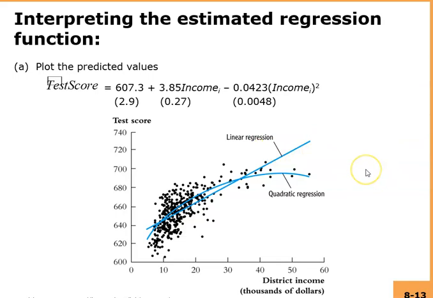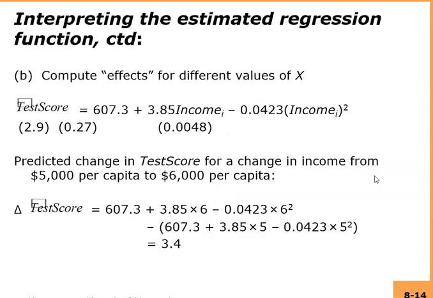To summarize all of this, it shows that the quadratic function is a better fit over the scatter plot than the linear regression. Now, how do we compute the effects for different values of x? Remember that because we are dealing with a non-linear relationship, the marginal effect of x is going to change for different values of x.